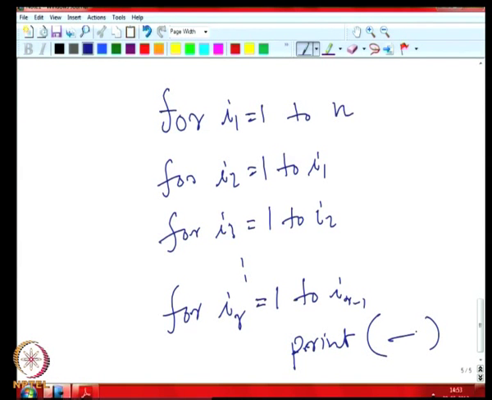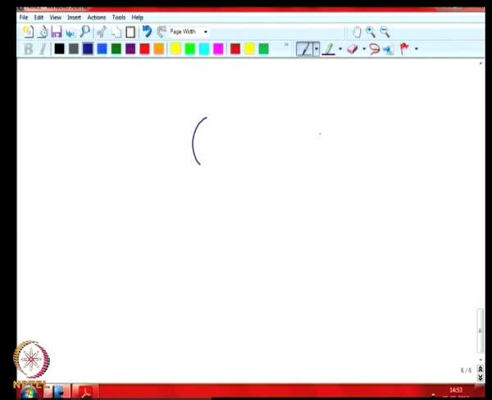How many times will the print statement be executed? Now, instead of 3 we have r things, so we are talking about r-tuples.